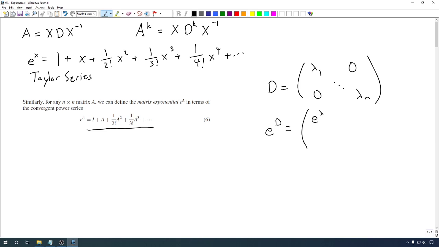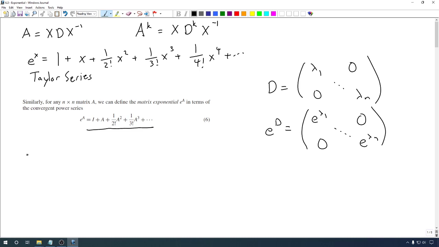It's just e to the lambda 1 through e to the lambda n on the diagonal. Just the same way that a diagonal matrix to a power is just all those diagonal elements to that same power. The exponential is just e to each of those diagonal elements on the diagonal. Really simple.